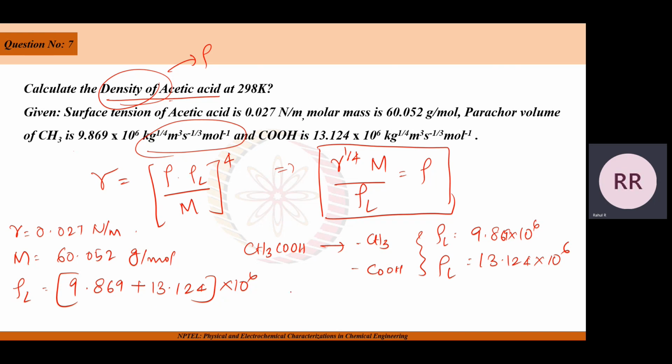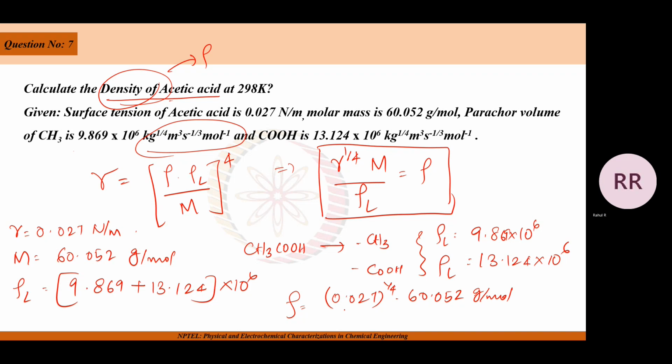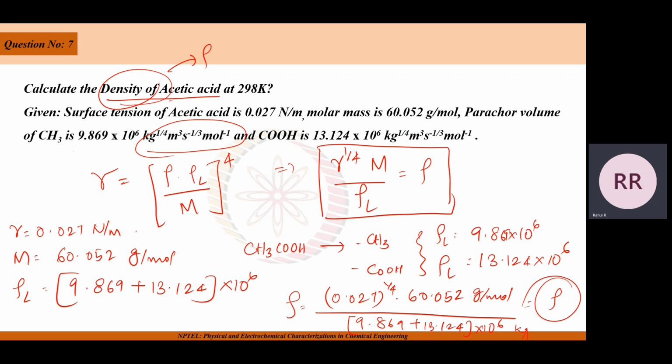From this information, you can calculate rho, the density of acetic acid, to be 0.027 to the power 1 by 4 multiplied by the molar mass, 60.052 gram per mole, divided by 9.869 plus 13.124 times 10 to the power 6. This gives the value in kilogram per cubic meter, which is the density of acetic acid. I hope this is clear to you. This is the basic principle.